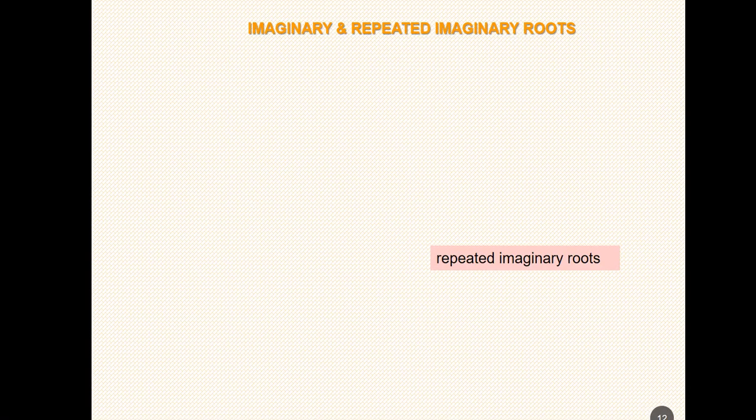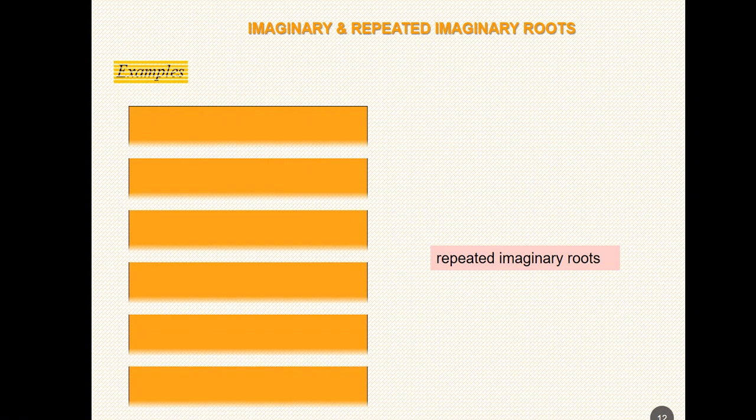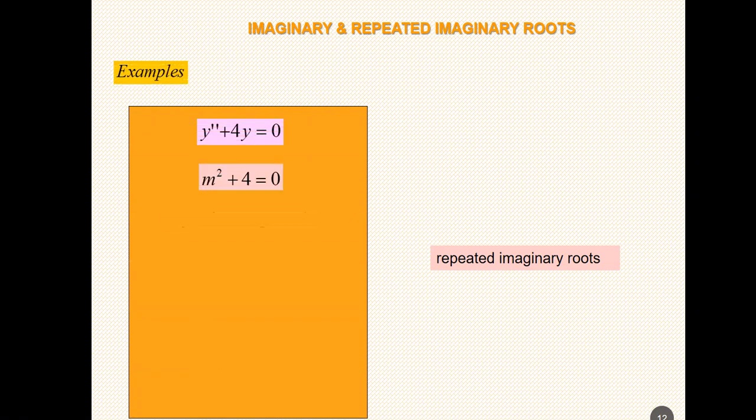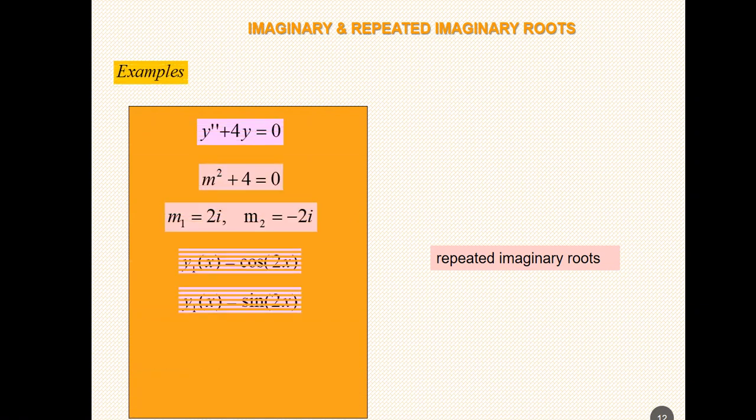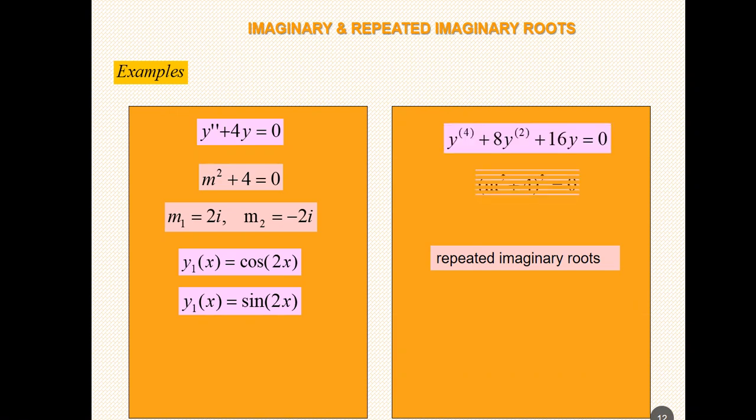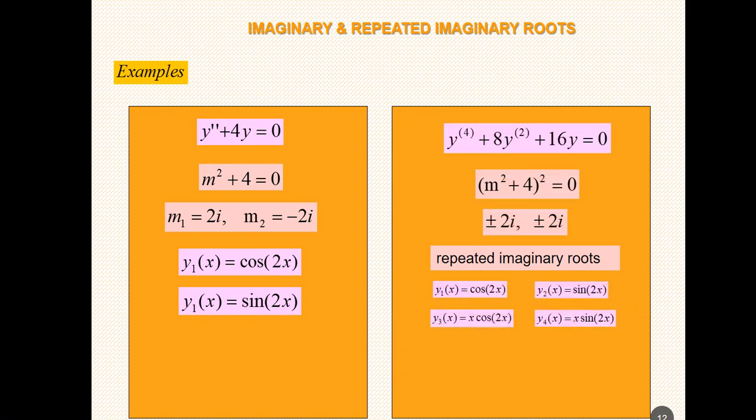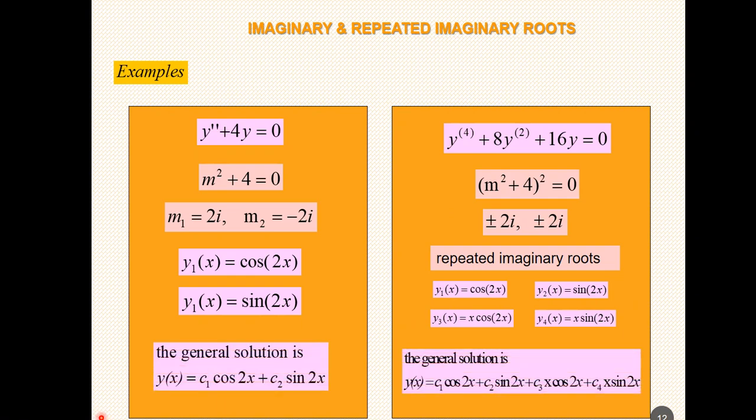So now let's go to the third. The roots are said to be imaginary, and the second example will be imaginary and repeated. So let's see how it's different than the first two types. This one will result in m squared plus 4.